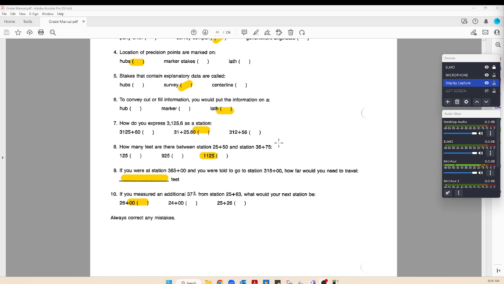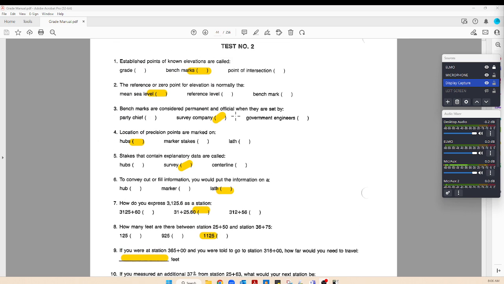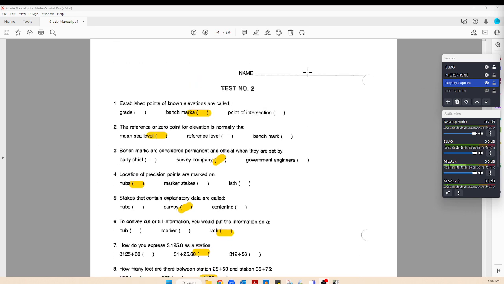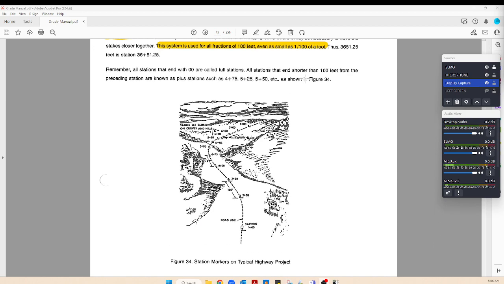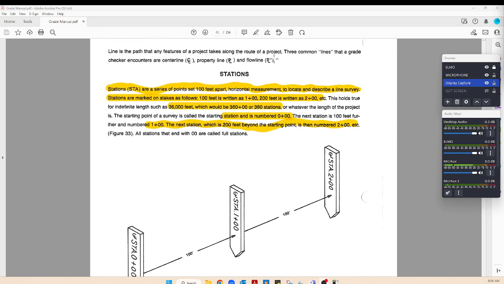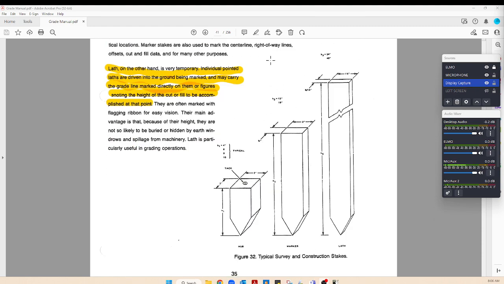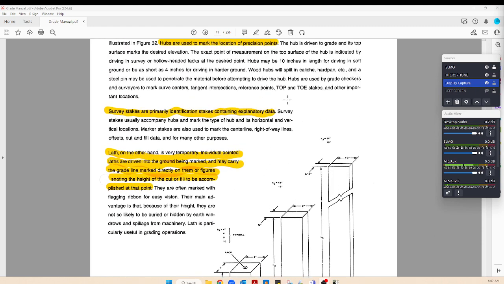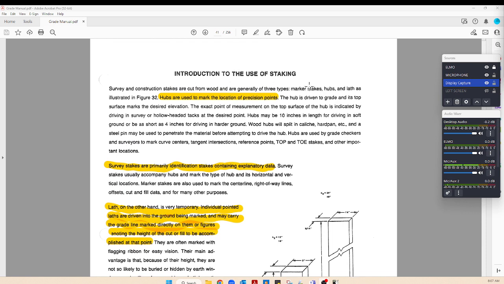I will post this in week 3, and I will identify it so it'll be simple when you see it. I'm going to call this video Introduction to the Use of Staking.